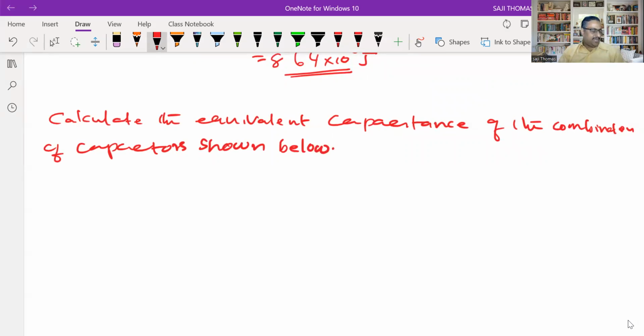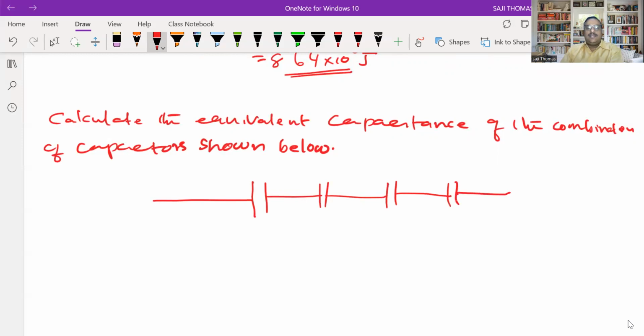Okay, I'm giving the diagram. Four capacitors are connected in this way. I'm naming them C1, C2, C3, C4.